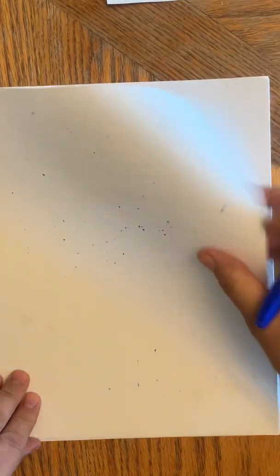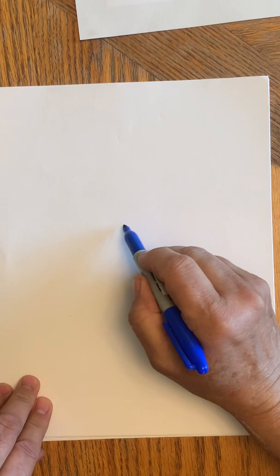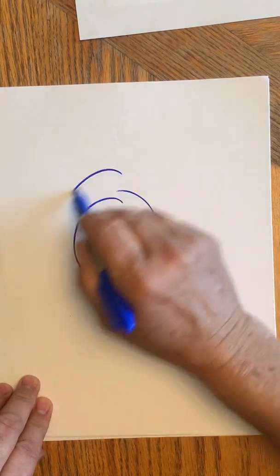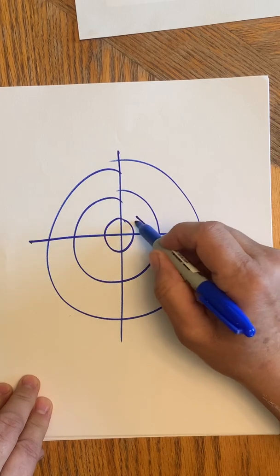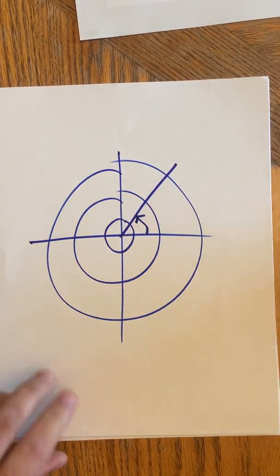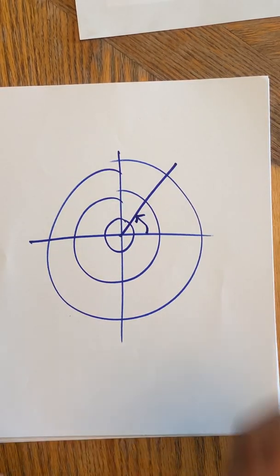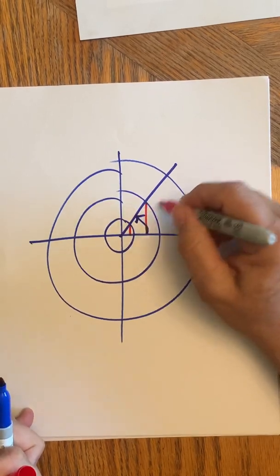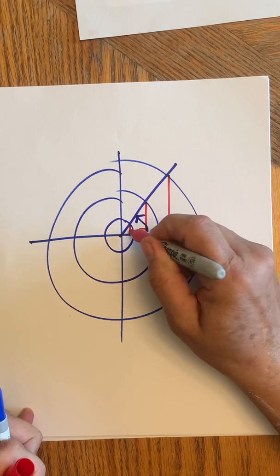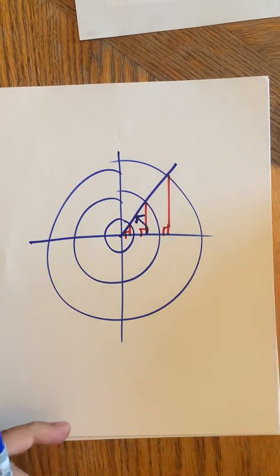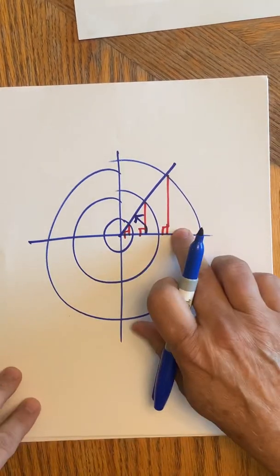Why can I use the unit circle? Well, if you look at concentric circles, for example, and you go out a certain angle of rotation, there's my angle. I can create an infinite number of right triangles, and therefore look at their ratios, and their ratios will be the same.